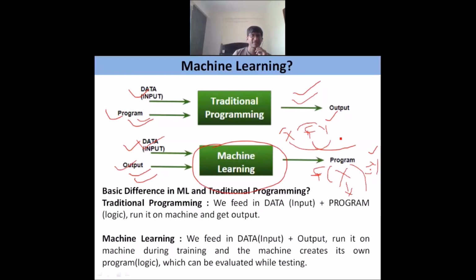We give enough examples, a number of examples in terms of x and y, and by using those examples we try to build up a function f, without knowing the actual procedure. Once that function is developed with a sufficient number of input and output pairs, we can say that our training is complete, or in simple words, our learning is complete.